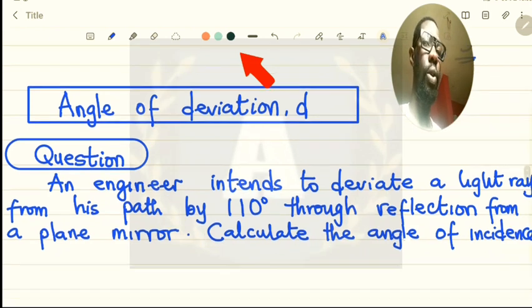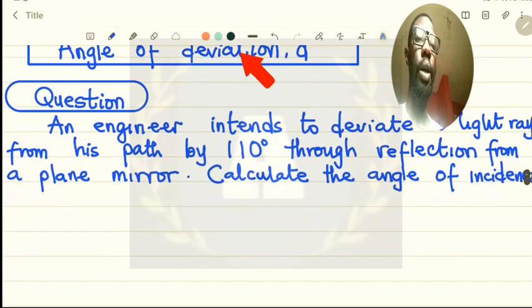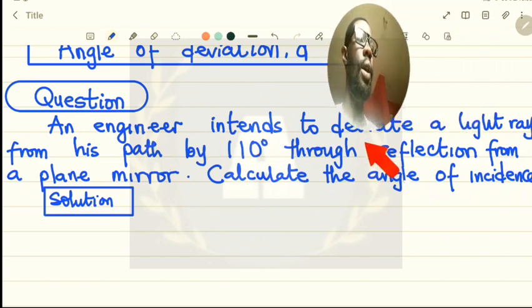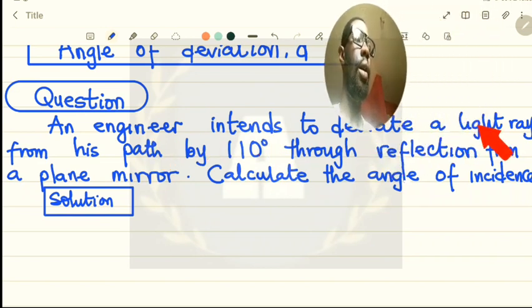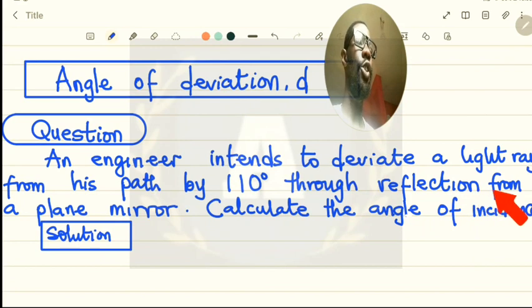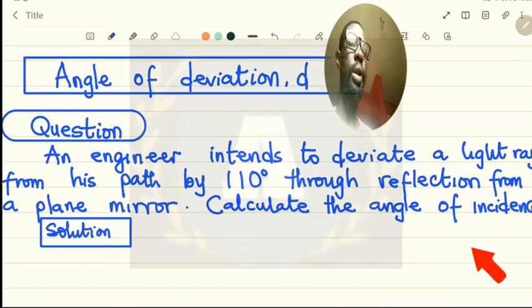Now, solution to this question: how do we unravel a question of this nature? An engineer intends to deviate a light ray from its path by 110 degrees through reflection from a plane mirror. Calculate the angle of incidence.